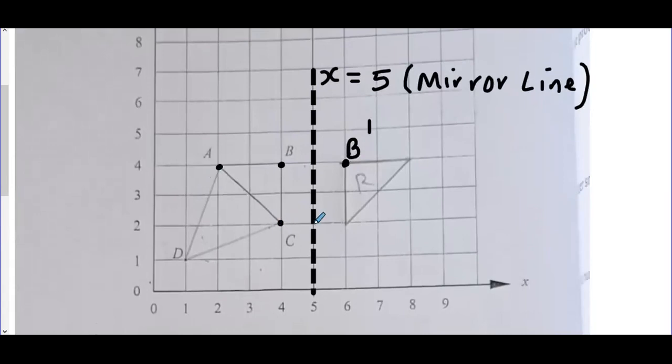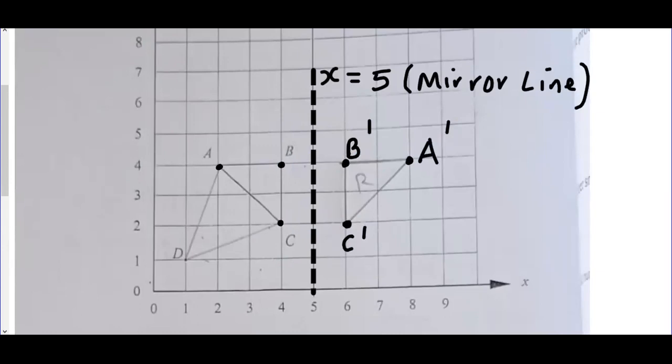This point is again one box away from the mirror, so it will be the same one box behind the mirror. This will be C dash. How about A? A is how many boxes from the mirror? 1, 2, 3. So it will be the same 3 boxes behind the mirror. So this will be A dash.